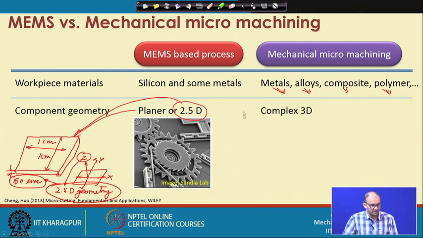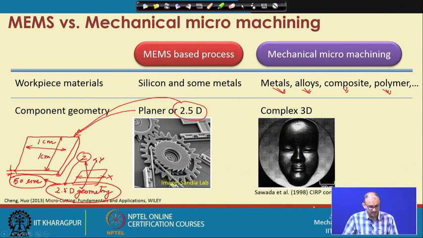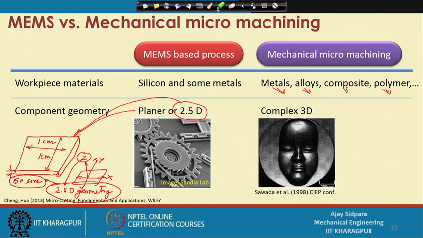Other than that, in this case you can make a complex 3D component. This is one of the components shown. Here, this particular scale is 200 micron, so this whole thing is probably within 1 millimeter.